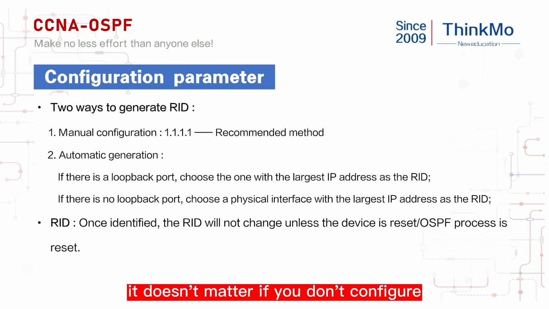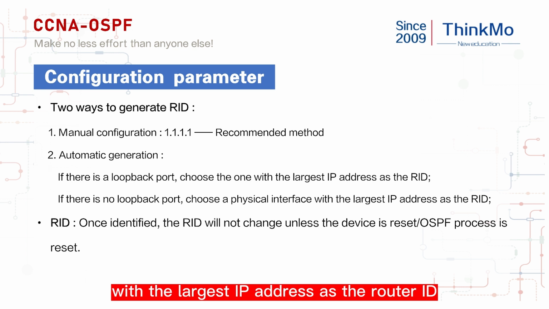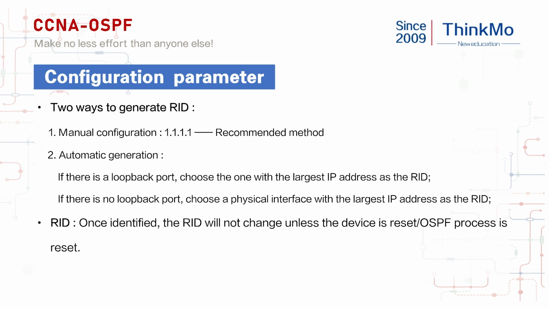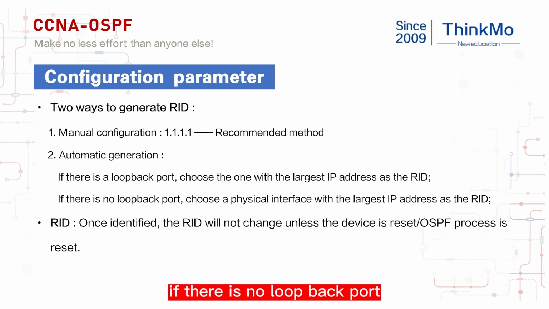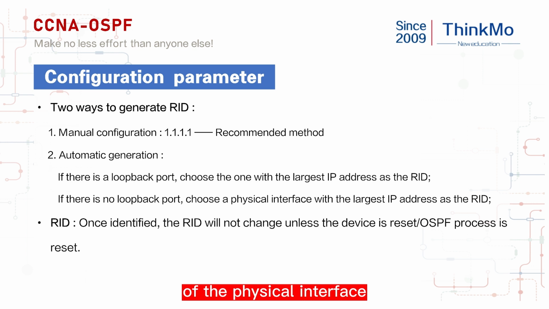It doesn't matter if you don't configure it. It can be automatically generated inside Cisco. If there is a loopback port, then select the one with the largest IP address as the router ID. If there is no loopback port, then select the largest IP address of the physical interfaces as the router ID.